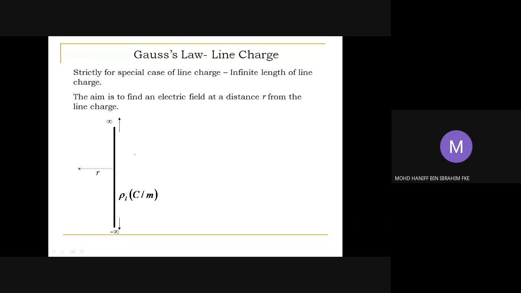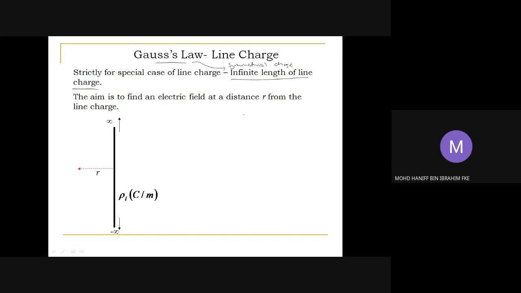But for the case of Gauss law, as I did mention here, it can only be applied for the case of infinite length of line charge, due to the case of this Gauss law can only be applied for a symmetrical charge distribution only.